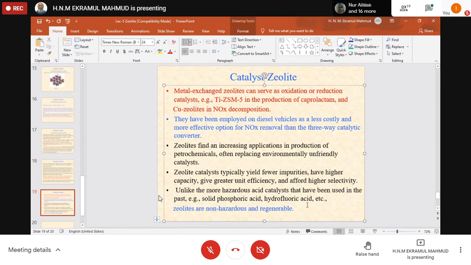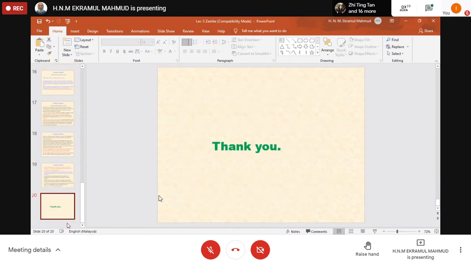Unlike the more hazardous acid catalysts like sulfuric acid, which is hazardous of course, acid catalysts that have been used in the past include solid phosphoric acid, hydrofluoric acid, etc. So zeolites can replace those. Zeolites are non-hazardous and regenerable. That's a very important thing to check.